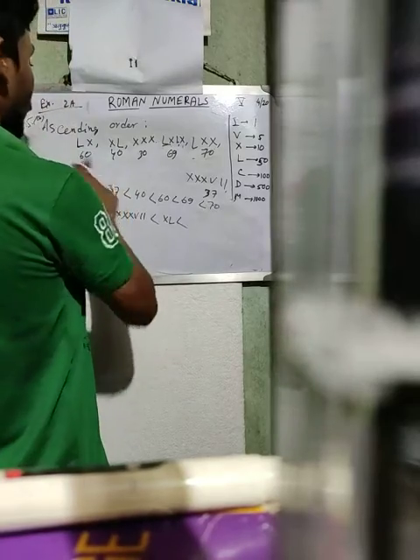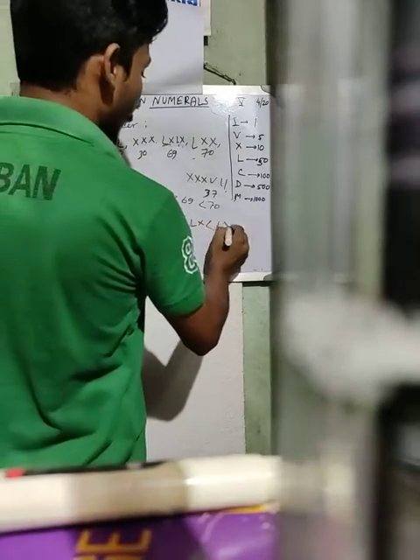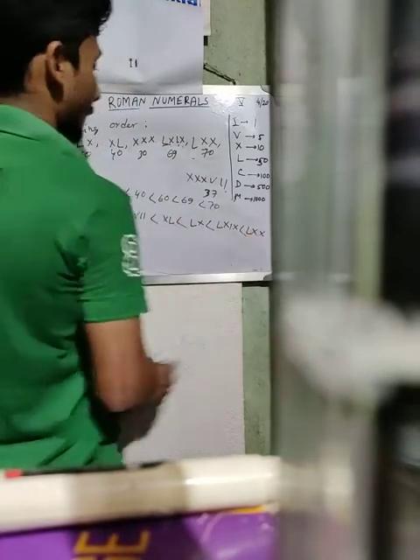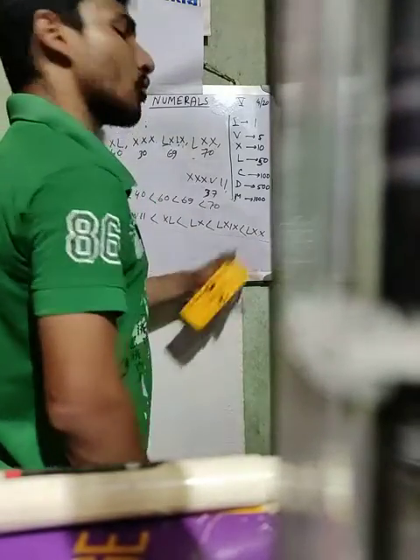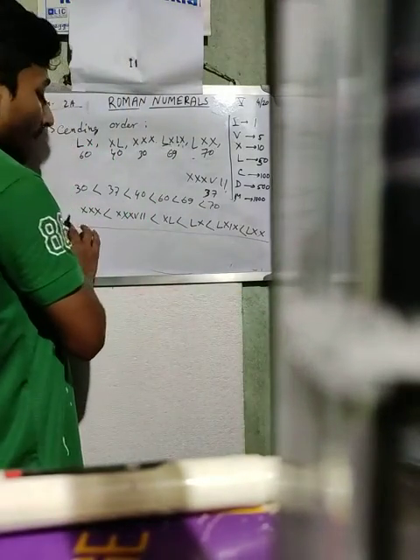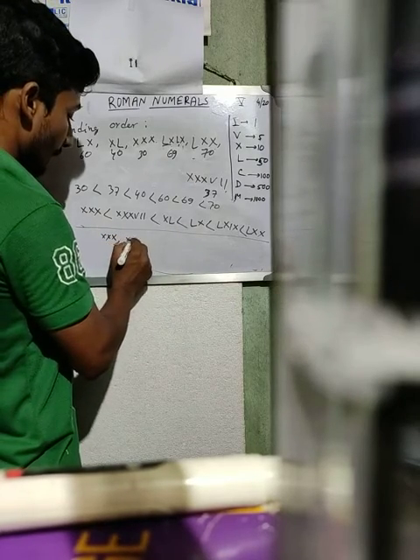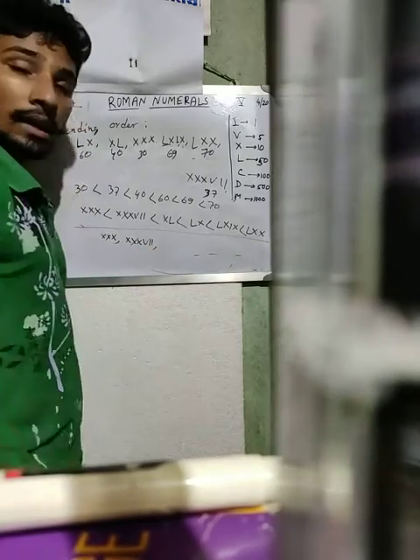Next 60 is LX. Next 69 is LXIX. Next 70 is LXX. So this is the answer. You can write in this way. Also you can write in ascending order XXX, comma, XXXVII, like this, with commas. Clear?